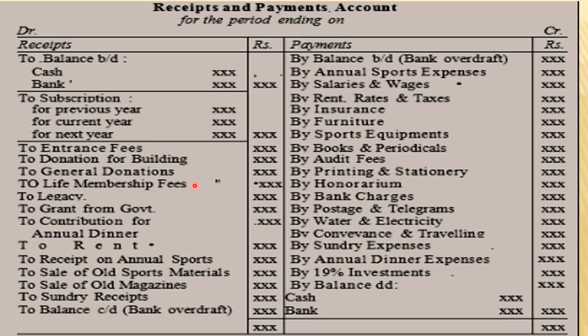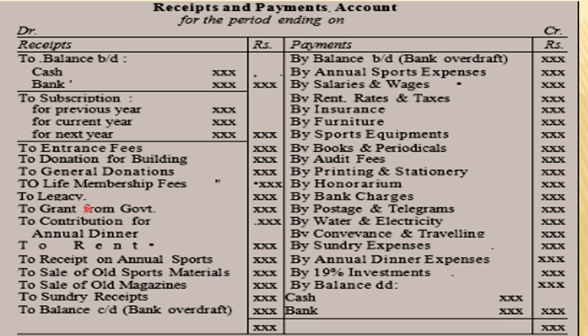In receipts and payment account, both types of transactions come, whether revenue or capital nature. For example, subscription is revenue, donation for building is capital nature. General donation is revenue nature if the amount is low. Life membership fees, capital nature. Legacy, like a deceased person's contribution, like on the death of a partner, this time we get this.